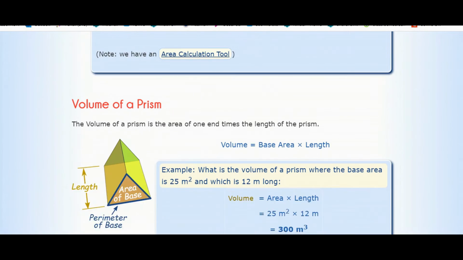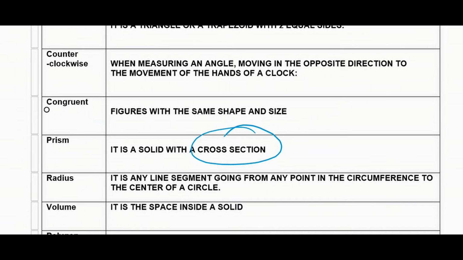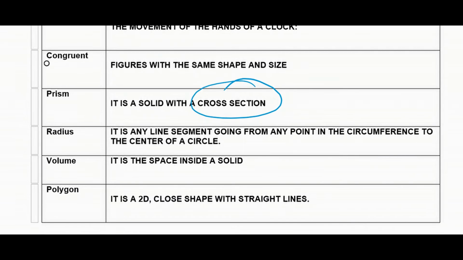Well, then we have radius, which is any line segment going from any point in the circumference to the center of a circle. So I just want to go like this, and we can begin in any part of the circumference, and it is going to be the radius.